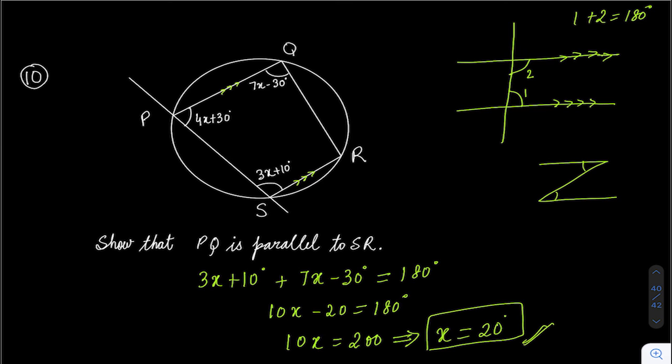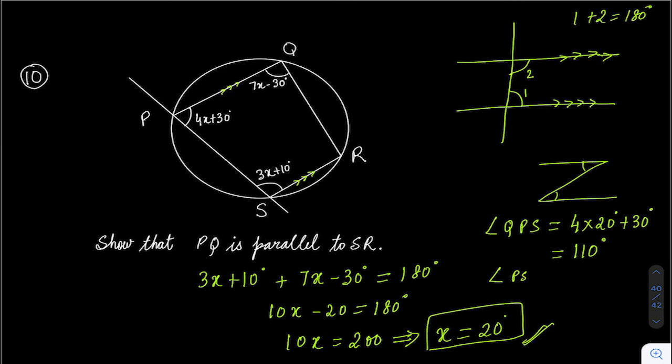Once I have x, I can find angle P and angle S. Let's find angle P, angle QPS. What is this value? 4 times x, where x is 20, plus 30. So this angle is 110.